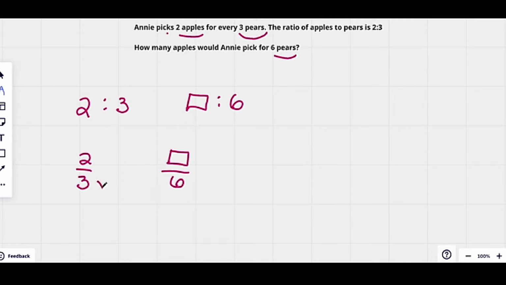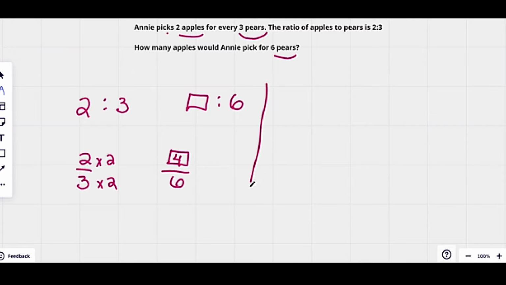Well, 3 times 2 is 6. And we have a rule when we have fractions that whatever we multiply to the bottom, we also multiply to the top. So if we multiply 3 times 2 to get a 6 at the bottom, we multiply 2 times 2 to get the number that's missing at the top, which is 4. So how many apples would Annie pick for 6 pears? She would pick 4 apples.